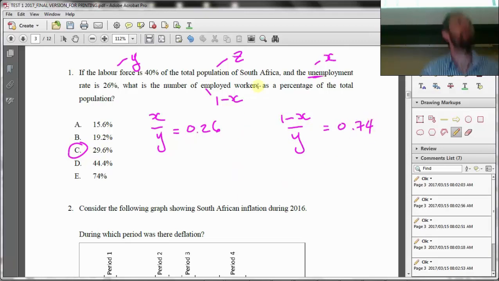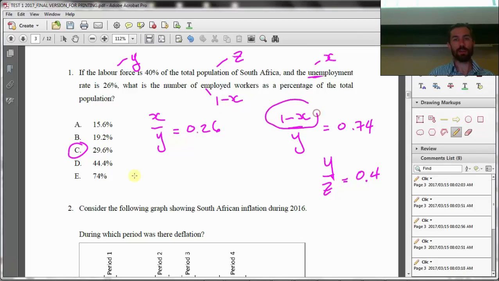So your 60%, I'm not quite sure where we're going with that. Now, obviously, if you've been told that labor force is 40% of total population, in other words Y over Z equals 0.4. Yeah? And what you're being asked for is this value here.